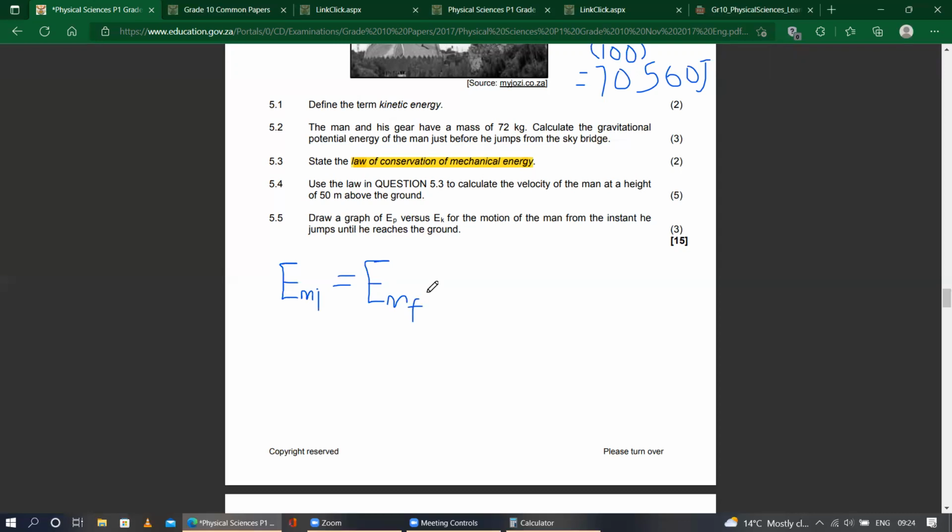So do you know this equation? Sorry, I don't know the specific one that you're doing now, but I do know the equation for mechanical energy. Let me get another color.